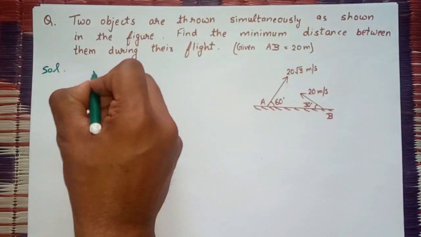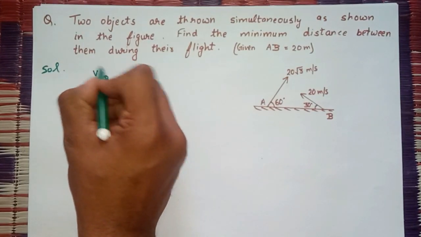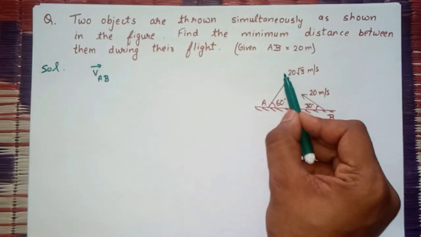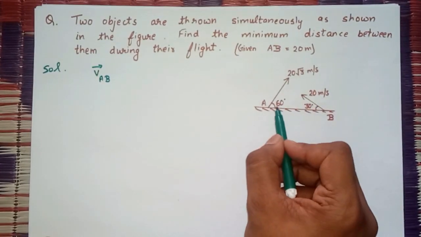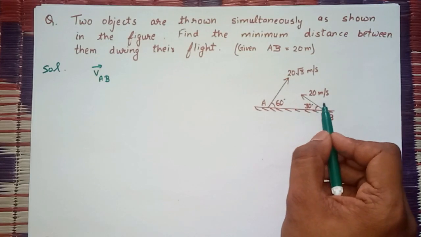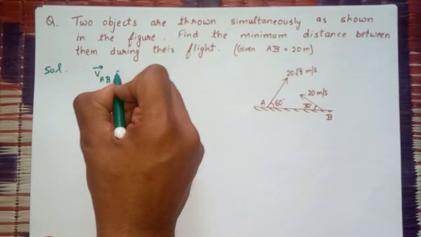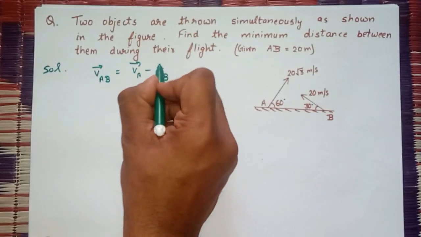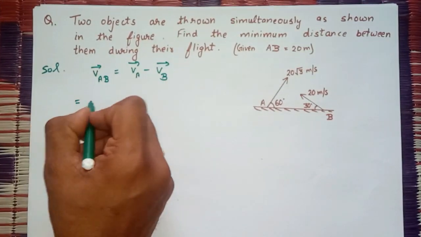So first of all, I am finding velocity of AB, meaning velocity of A with respect to B, by making the components of this as 20 root 3 cos 60 and 20 root 3 sin 60, and the components of this as 20 cos 30 and 20 sin 30. I will get VA minus VB. So what will be VA?